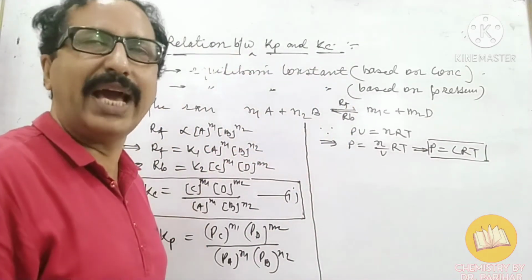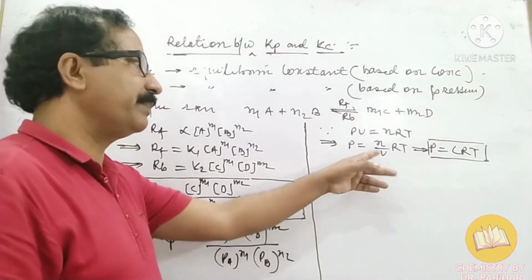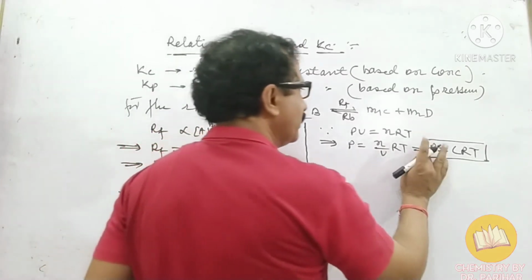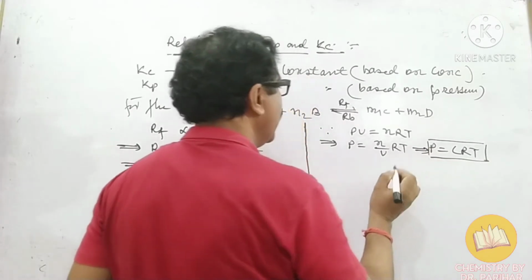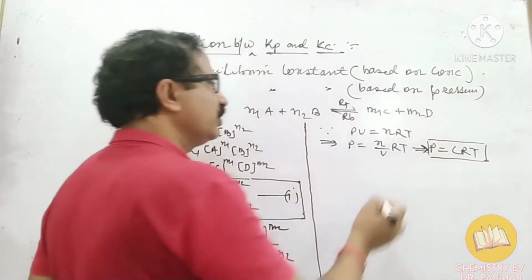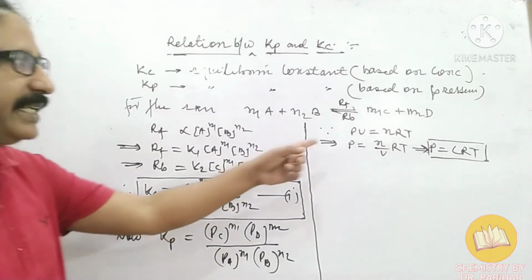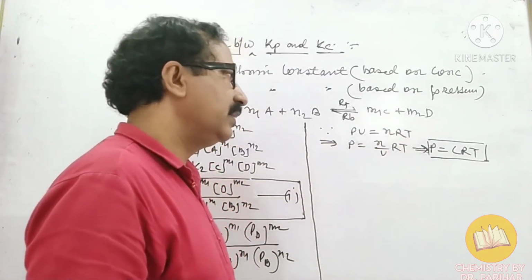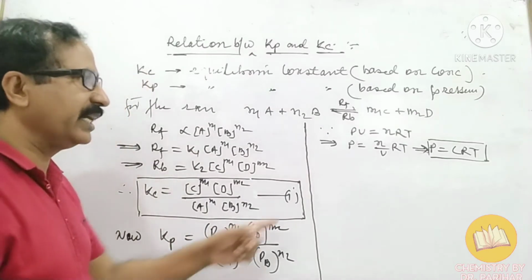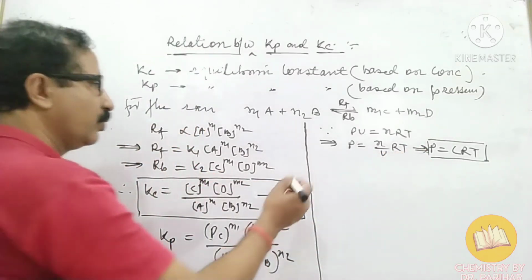Now here we have to substitute the value of P in this equation. It is taken from the ideal gas equation, and where there is P, we can substitute this value in this equation.